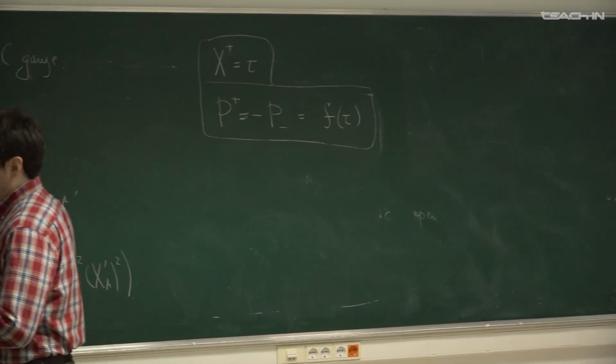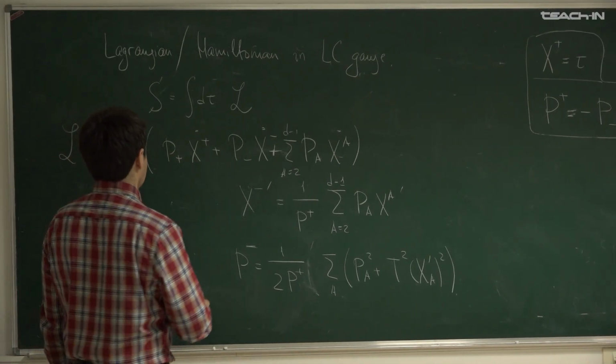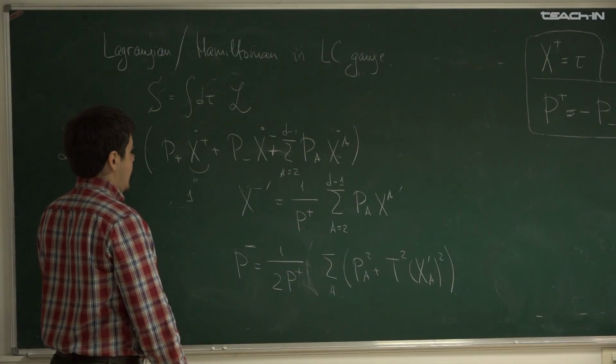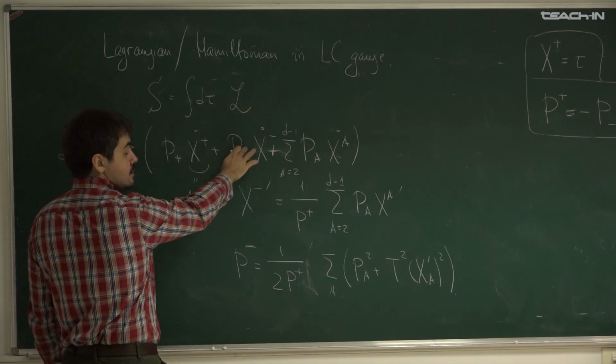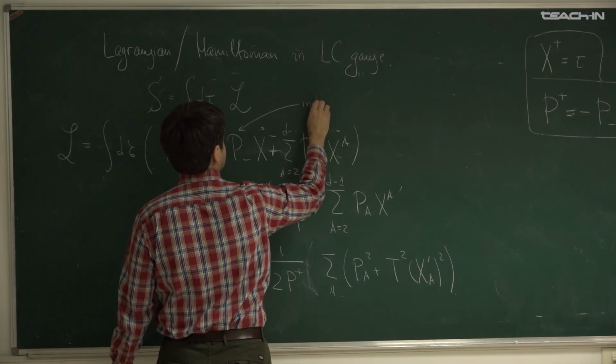This is the Lagrangian. And now, well, x plus dot is 1, right? And p minus is independent of sigma, as we saw.